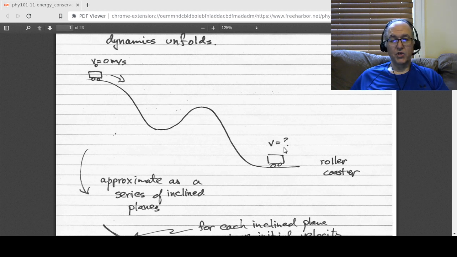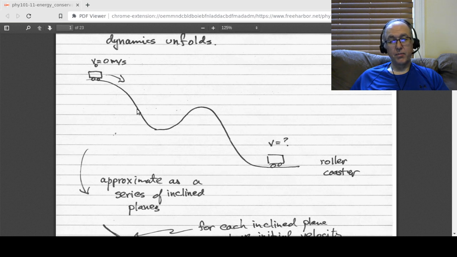And I ask a very simple question: how fast is the roller coaster going at the bottom of the hill here? Now, if you were to use Newton's laws for this, you would have to calculate the velocity or the acceleration at every point along the entire path, because the acceleration isn't going to be constant. When you're on a flat slope like this, there's very little acceleration.